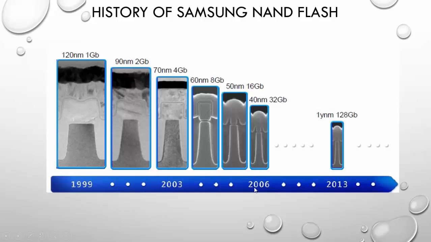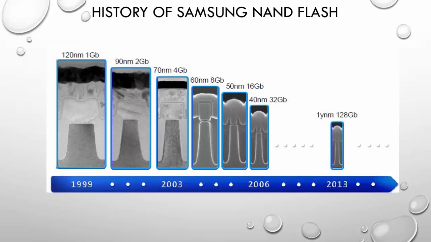Year by year they kept the technology leadership through continuous scaling, and it has been the worldwide number one market share in NAND flash since 2002. Scaling is getting difficult for them, and a technical breakthrough is needed to continue after sub 1Y nm, which stores 128 GB. 1Y nm is around 15 nanometers.